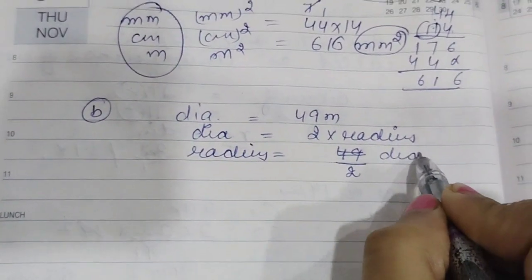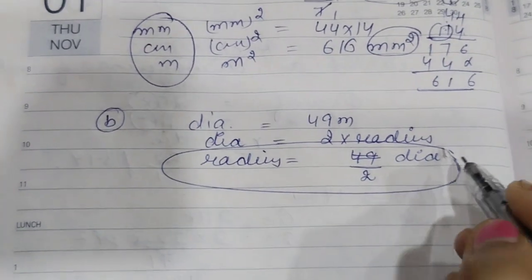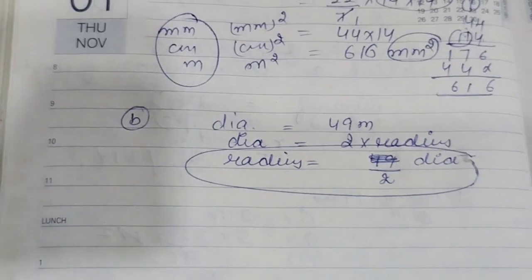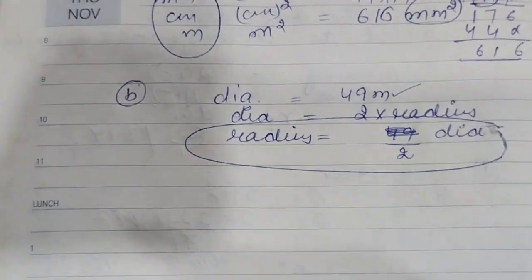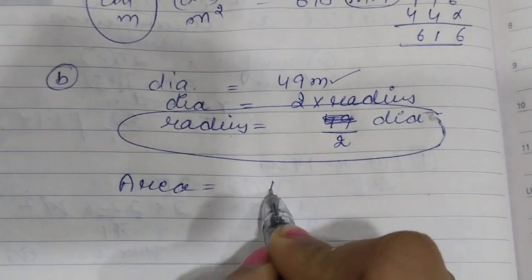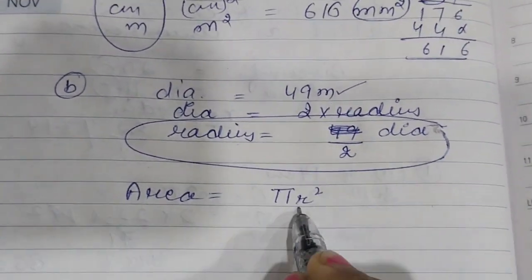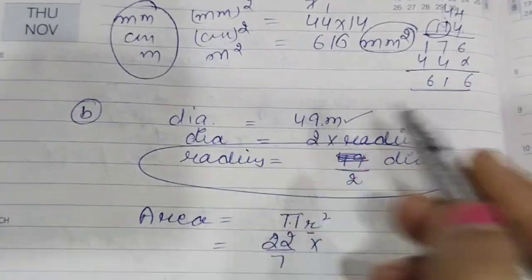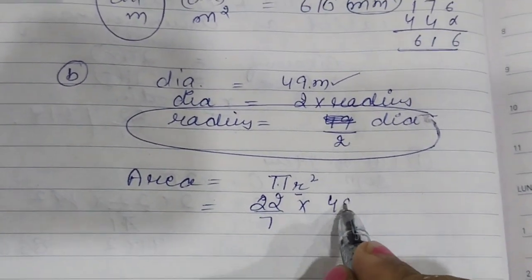Radius is always half of the diameter. Since we are given a diameter but need area, we need the radius to calculate the area. Area is pi r square. We need radius, so we take half of this. Half means divided by 2.